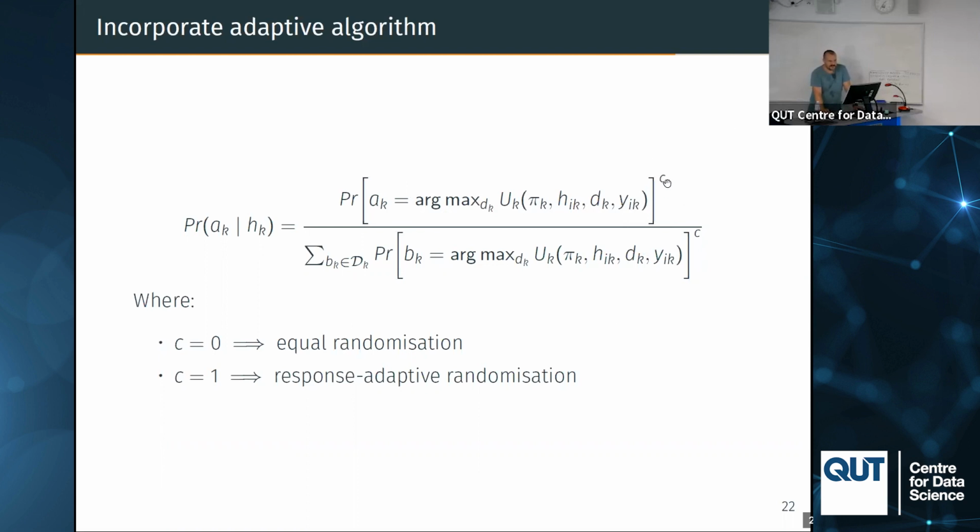And here we have this little exponent C, which we can either set to 0 if we wanted no adaptive randomisation. It just devolves to the proportionate fractional probability, or we can set that to 1, where we have obviously just this ratio as it stands.